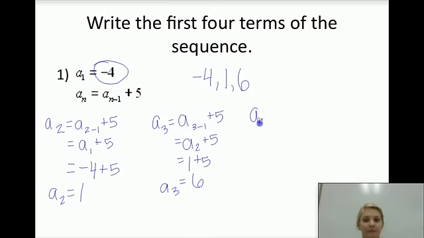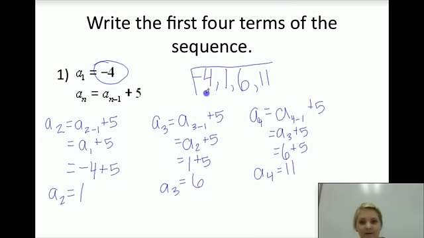And to find the fourth term, we'll substitute 4 in for n. So a sub 4 equals a sub 4 minus 1 plus 5, which equals a sub 3 plus 5. So we need to know what our third term is, which we just found to be 6, plus 5. So our fourth term is 11.